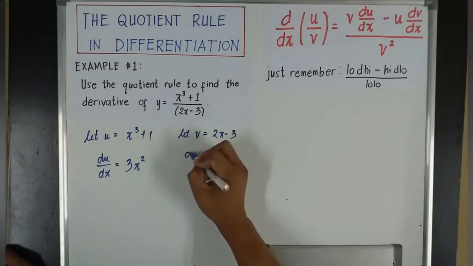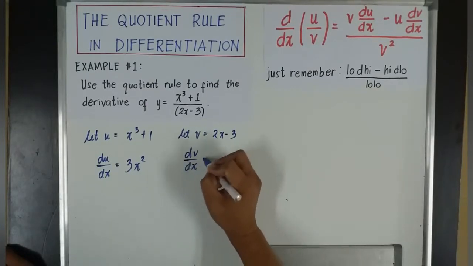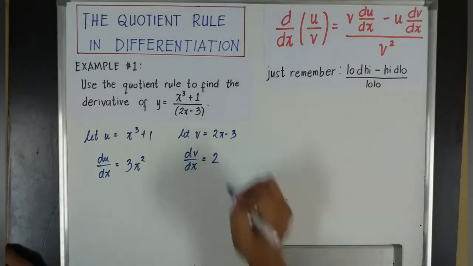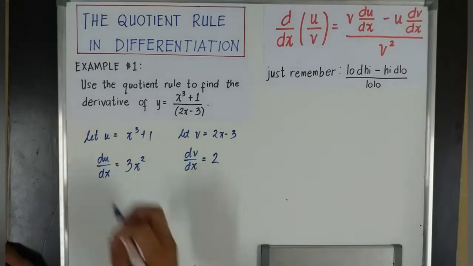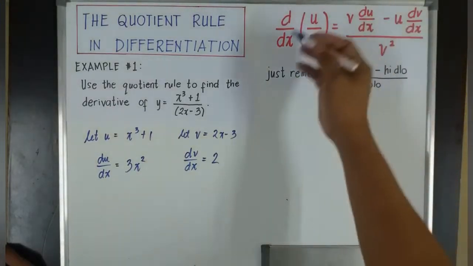Next, we find dv over dx, which definitely will become only 2. Now we know u, v, du over dx and dv over dx, so we can already apply the rule.